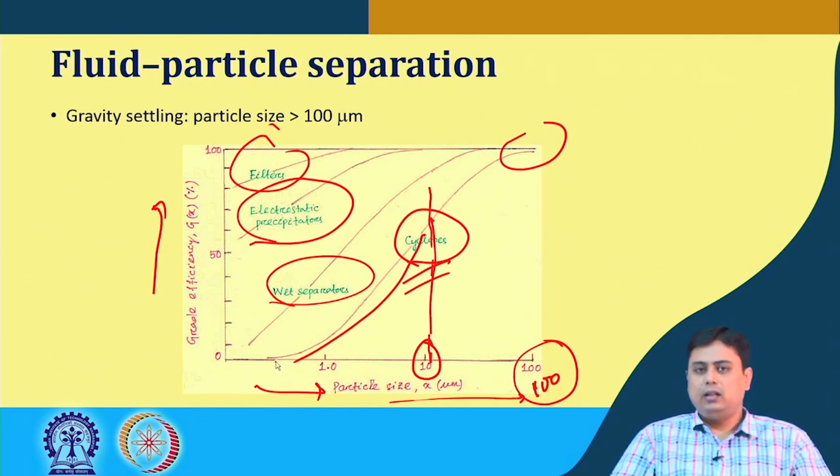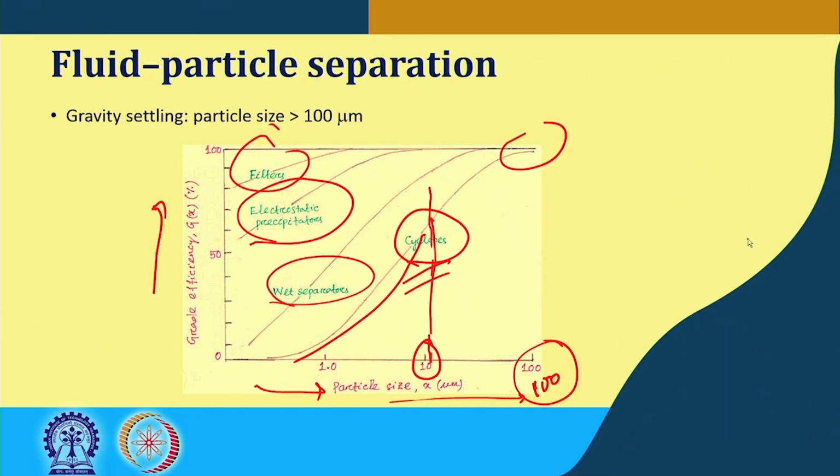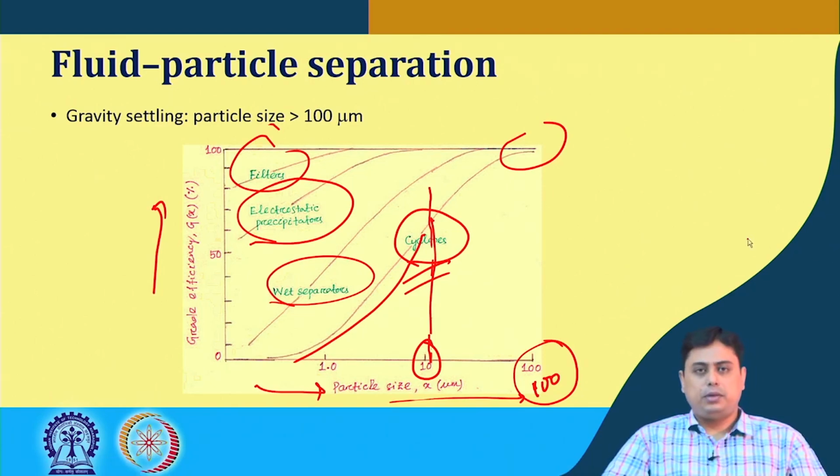Below 10 micron it is typically not suitable. It can work, but the chances are the particles may escape through the cleaner gas if the number distribution of 10 micron size particles is higher. Based on this idea, we have to choose an appropriate separation process to separate our desired product.